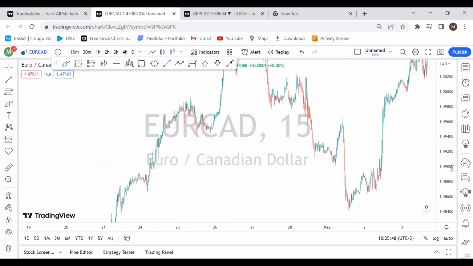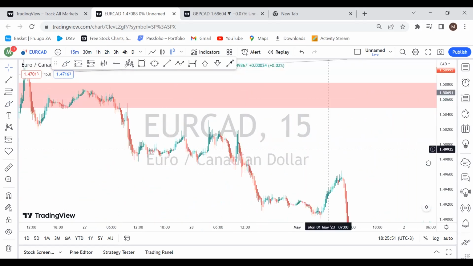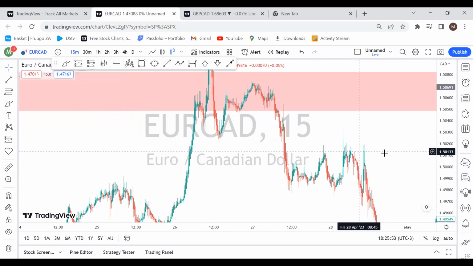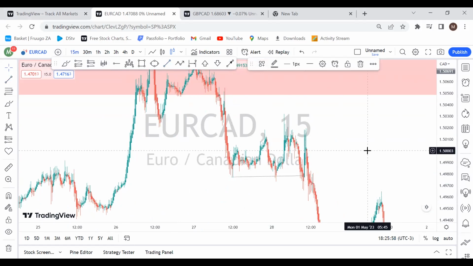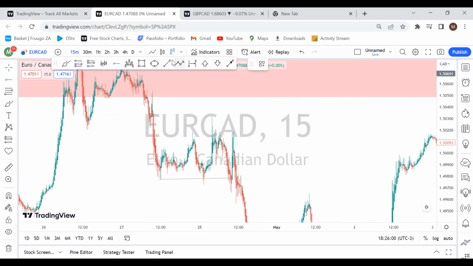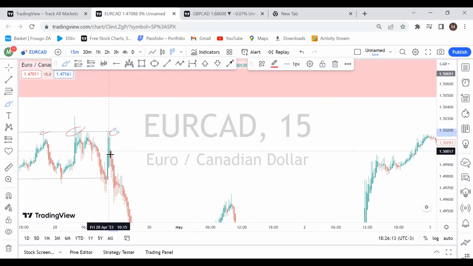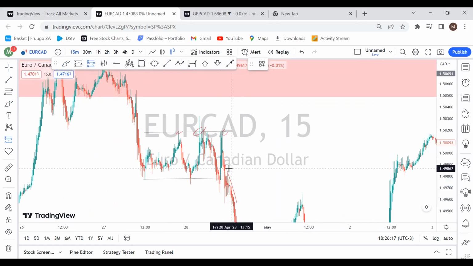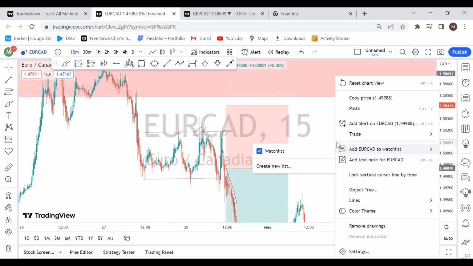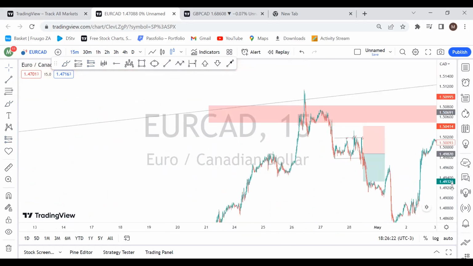So you can see we had a nice correction right there, where you had your support of the correction and basically your resistance right there. So you can see it's still the same concept. You have your one, two, three touches, reversals, and then you enter, right? So you entered right there. Okay, so this is how it's looking, right?